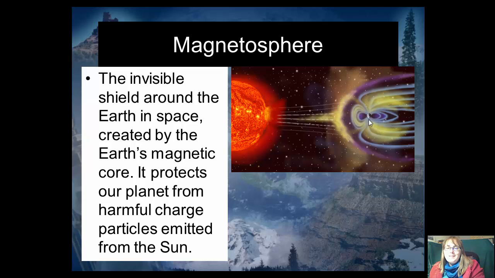So the magnetosphere is actually formed when the core within the Earth is spinning, and that spinning of the iron core helps to create a magnetic force, which then comes out from both ends of the pole. So many of you have probably used a compass in the past. You know how the compass ends up pointing north. That is actually pointing towards the top of that magnetic sphere where it's coming out.